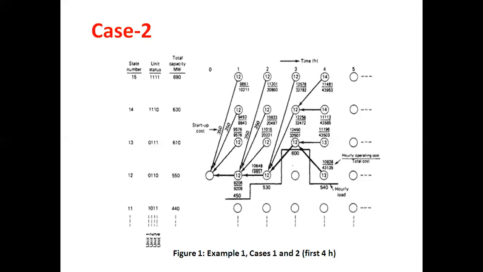So here, in the case of the priority list method, from state number 12 it is going to state number 14 at hour 3, depending upon the priority list scheme, in order to meet the load demand of the third hour.